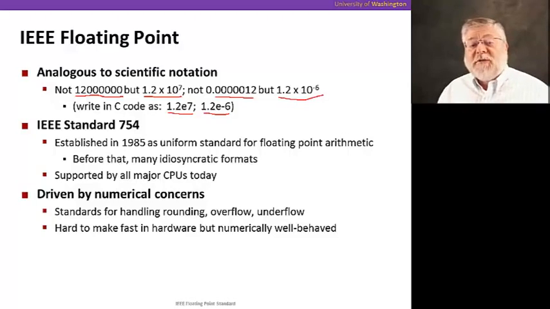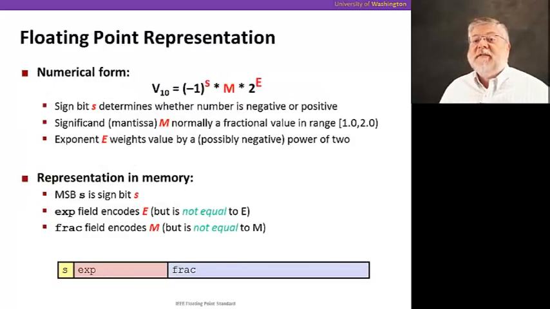The standardization was really driven by numerical concerns: standards for handling rounding, overflow, and underflow, representing things like division by zero, and so on. It ended up creating a standard that is very hard to make fast in hardware, but is numerically very well behaved. And those concerns dominated that standardization effort.